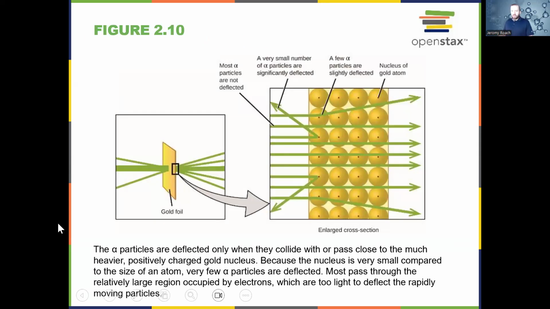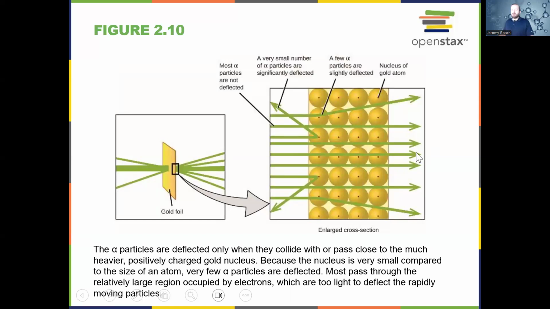So here's a more close-up look of what was happening here. Here's the beam of particles. They're all going this direction. And what's happening is the nucleus is very small, and sometimes the particles are coming into contact with the nucleus. Other times they are not. They're just going through the atom, but there's empty space there.